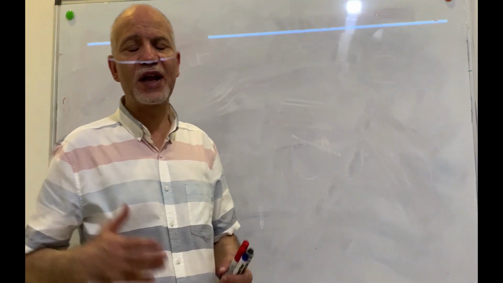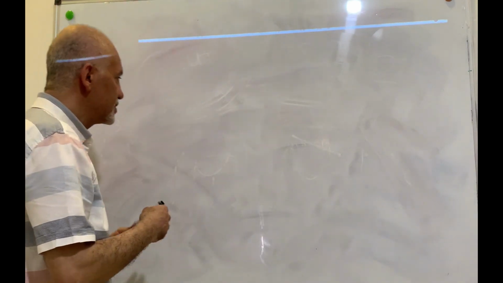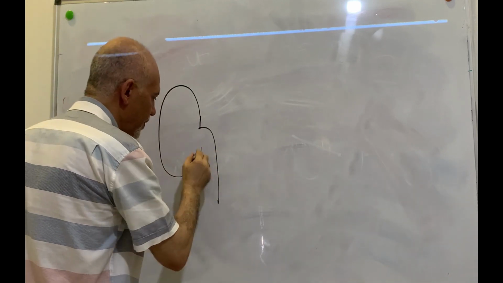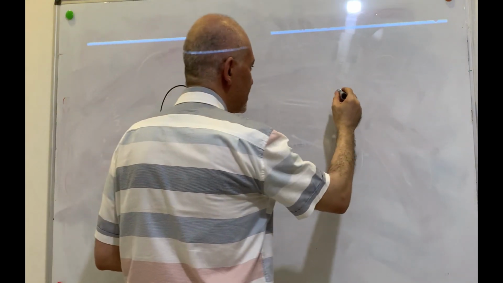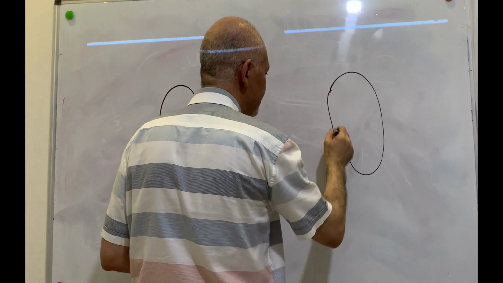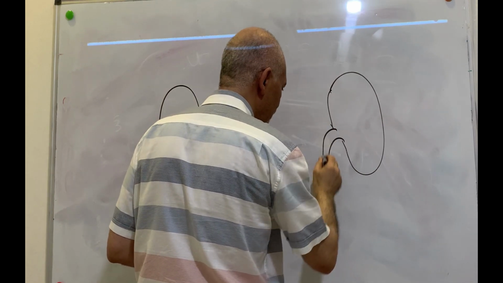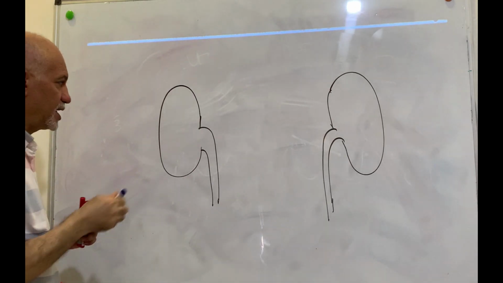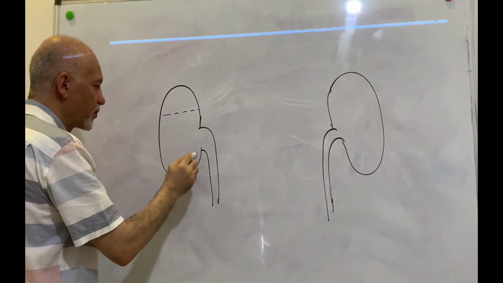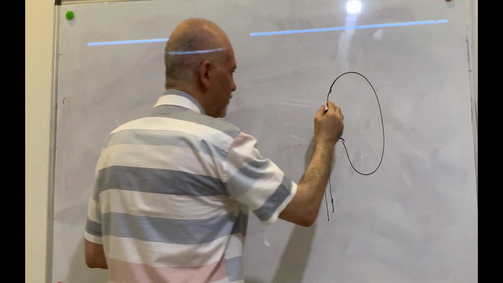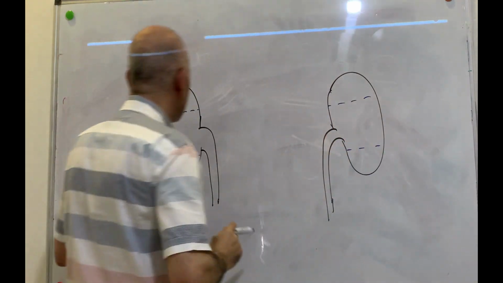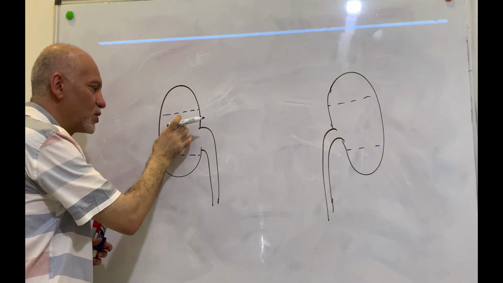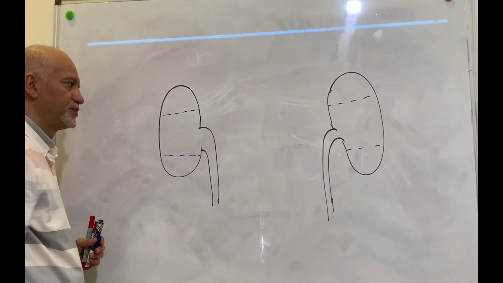Anterior relations of right and left kidney. This is the right kidney and this is the left kidney. Also, we can divide each kidney into upper one third, middle one third, lower one third.